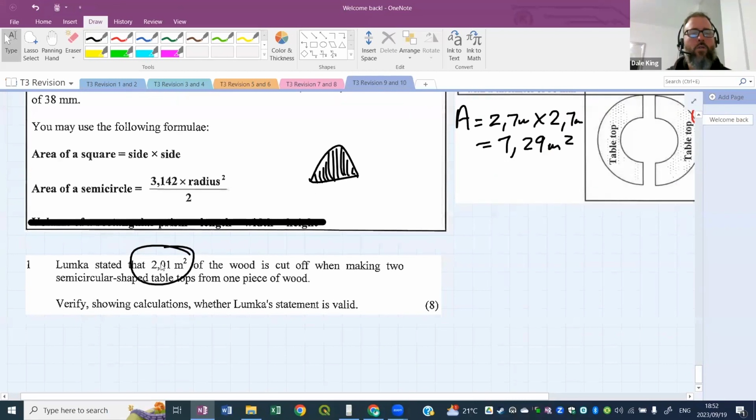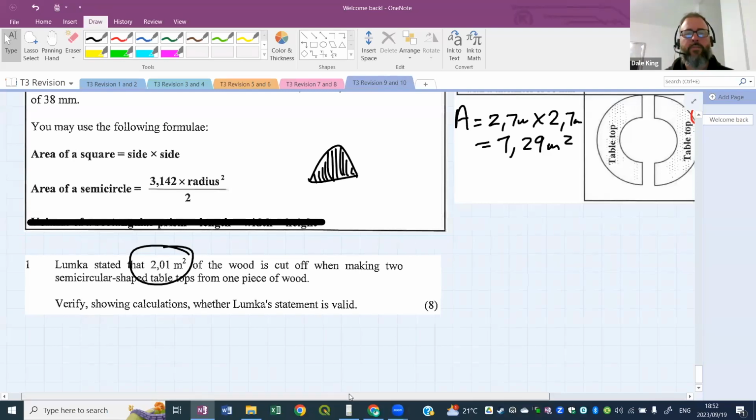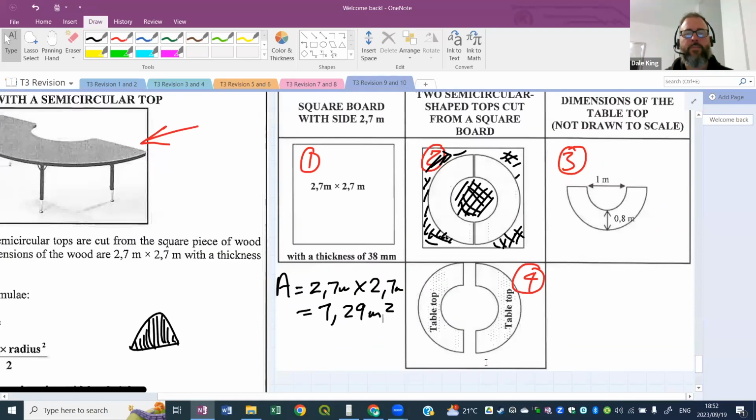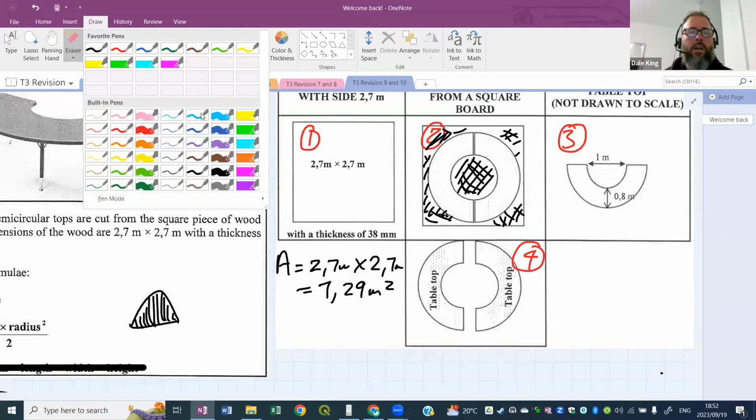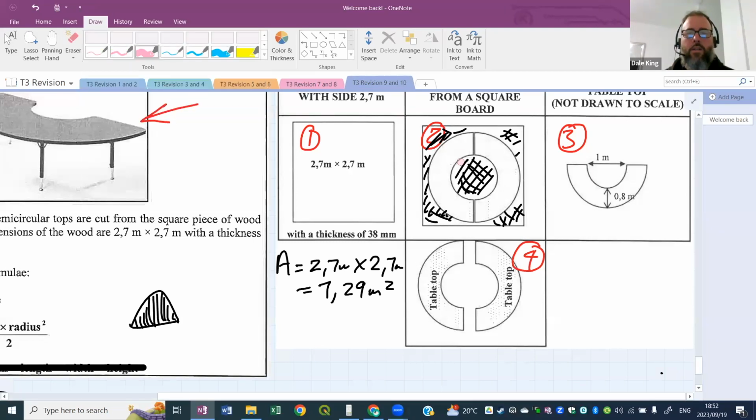So what he says is that 2,01 square meters of wood is cut off when you make these things. Okay, so I think you have to minus that 2,01 from the answer. What he's saying is, when you take this square and cut out, let me highlight it with a nice pink color, when you cut out these semicircles and put them together, it's like one big circle.